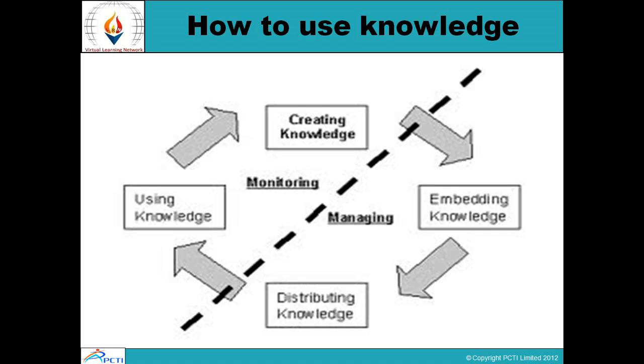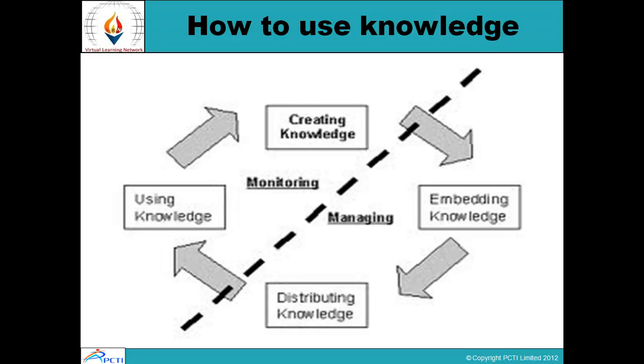Now let us talk about how to use knowledge. When we talk about how to use knowledge, this includes that firstly we create the knowledge, then embed the knowledge. Embedding further gives rise to distribution of the knowledge by managing different parameters. Then we have to use the knowledge in the area where it is required.